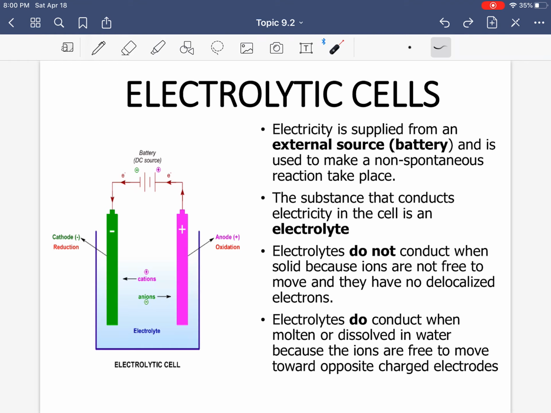So what you need to make sure is that the electrolyte and the electrode that is made out of graphite today are not reacting. So we're going to see how that works.